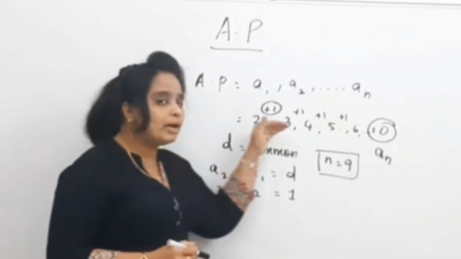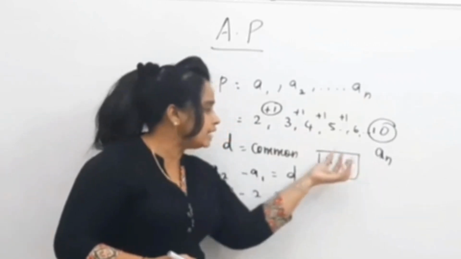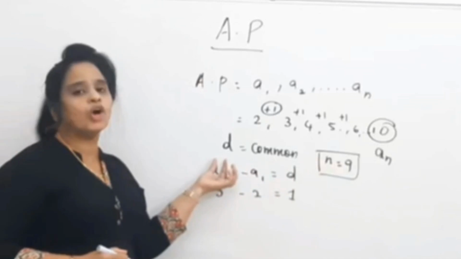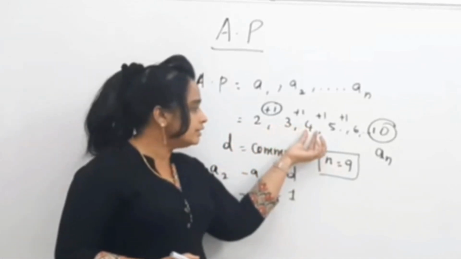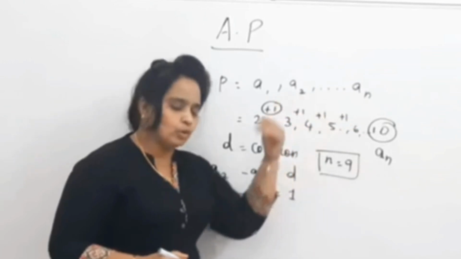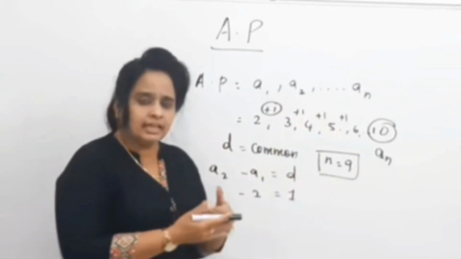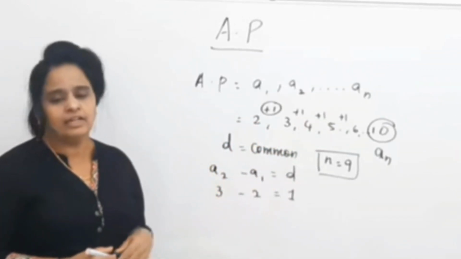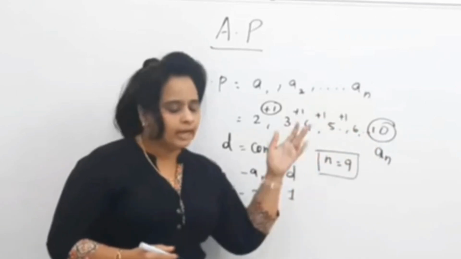So, the number of terms is nothing but n here. So, an is the last term. Number of terms is n and d is the common difference. The first term is a1, second term is a2 and third term is a3. It goes on. But always the first term we represent in our equations as just the letter a. So, a means a1, and then a2, a3, a4, it goes on.